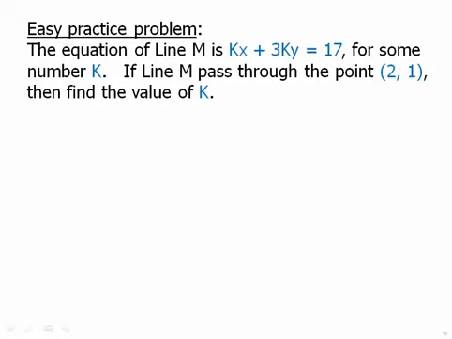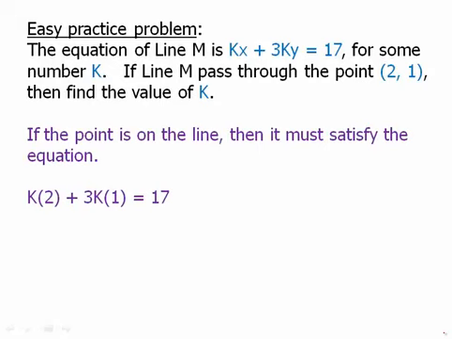So we don't know what k is, but we're told that the line must pass through the point (2, 1). Well, we know that that point has to satisfy the equation of the line. So if we plug in x equals 2 and y equals 1, we're going to have to get an equation that works.